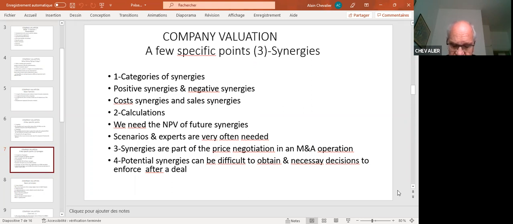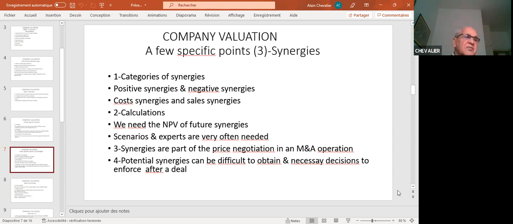Potential synergies, you understand, are very often difficult to identify and to calculate, and it's also very often difficult to obtain them, to enforce them.